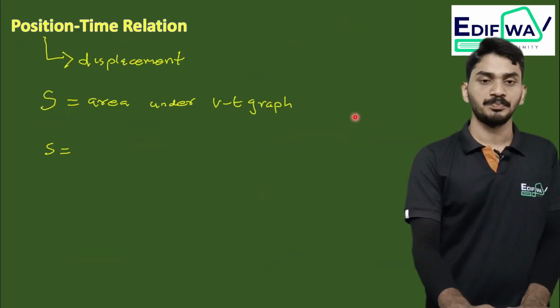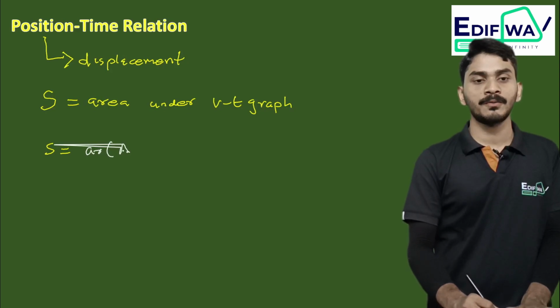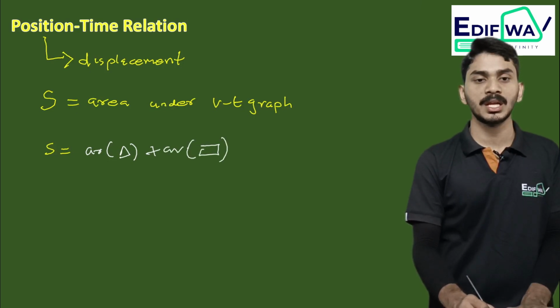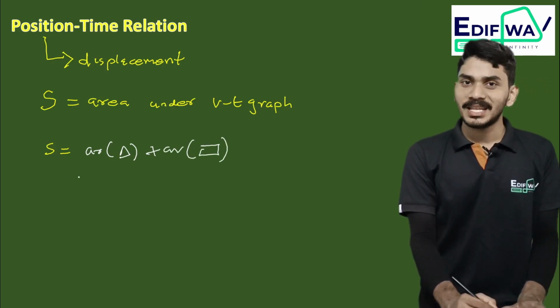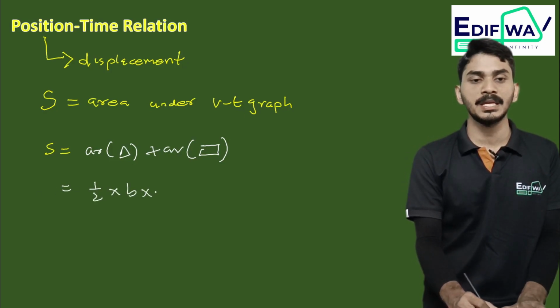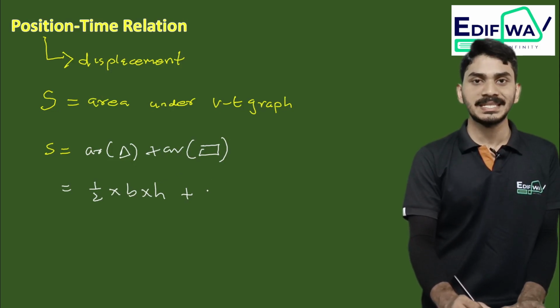Clear? So let it be the area of triangle plus the area of rectangle. Now what is the area of the triangle? The area of a triangle is half into base into height, plus the area of the rectangle, which is length into breadth.